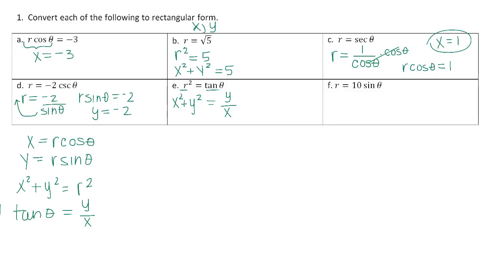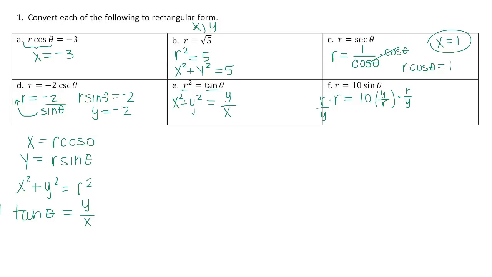So over here for F, we have r equals 10 sine theta. So let's see, r equals 10, and sine is going to be y over r. And so we can multiply both sides by r over y to get those to cancel. And over here, r over y.